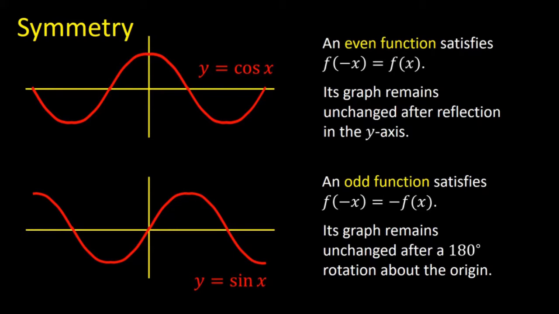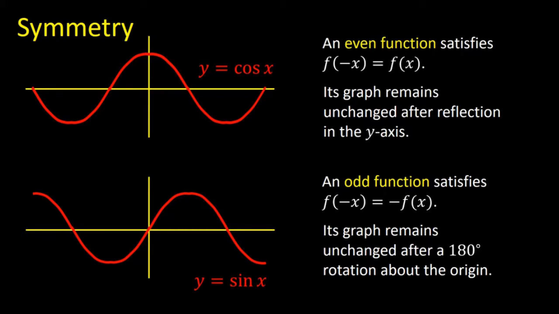Other examples of odd functions would be polynomials in which every exponent is odd. Now there are other kinds of symmetry than just evenness and oddness. For example, both the sine and cosine functions have translational symmetry. If you shift the graph left or right by 2 pi units, the graph again stays unchanged.